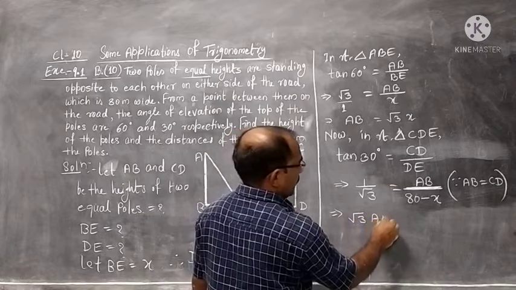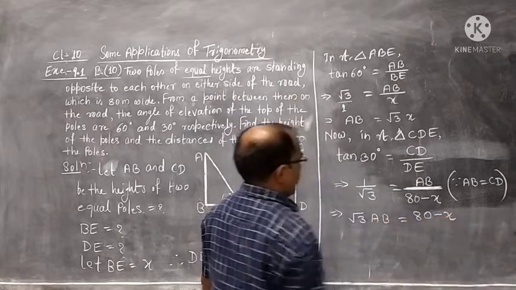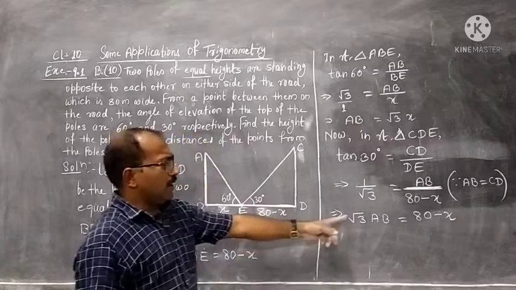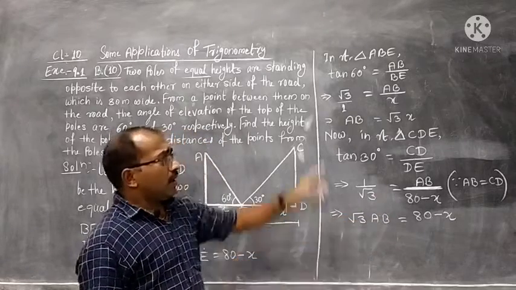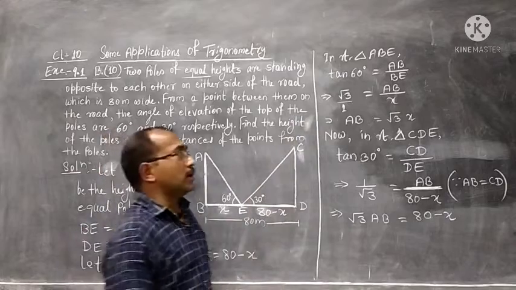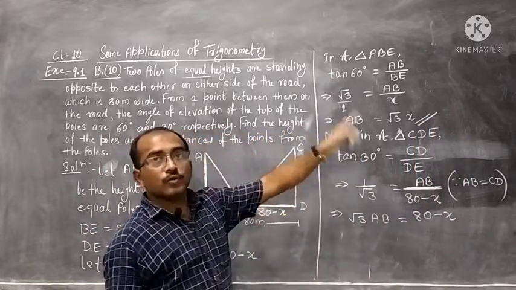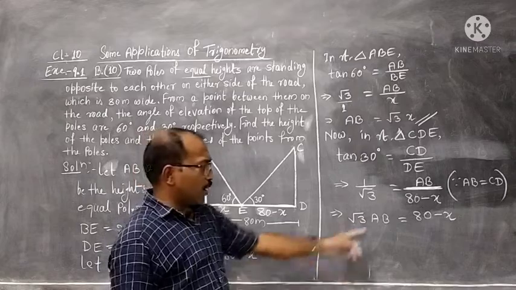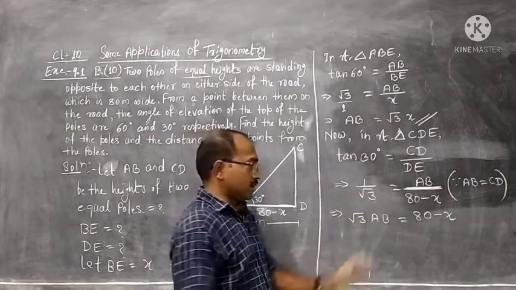Root 3 AB is equal to 80 minus x. In the first right triangle, it has given us AB is equal to root 3x. So, why not change this AB into root 3x.